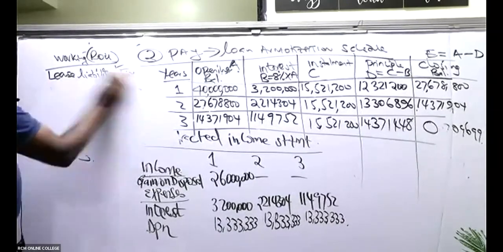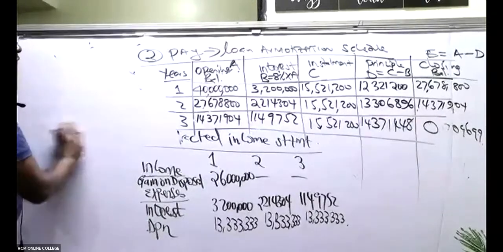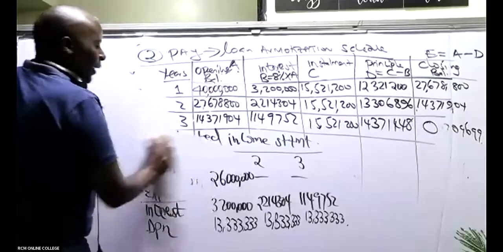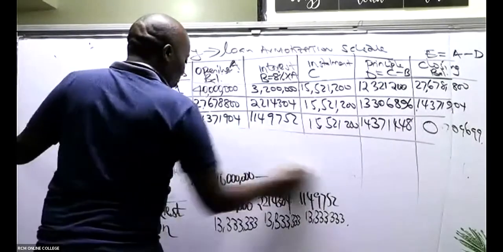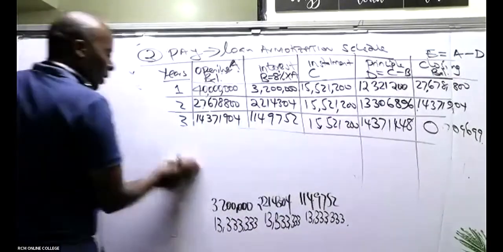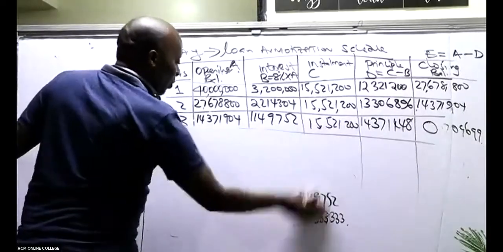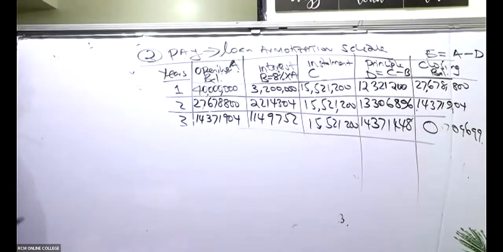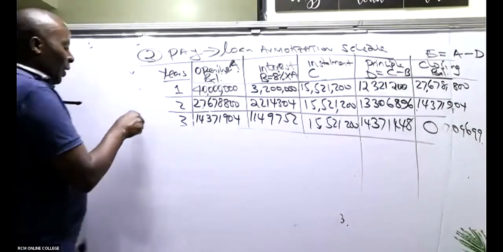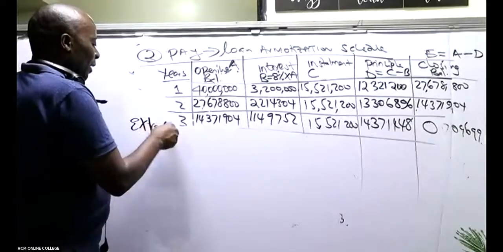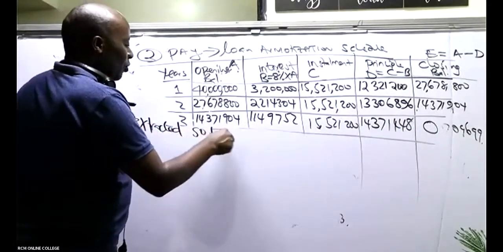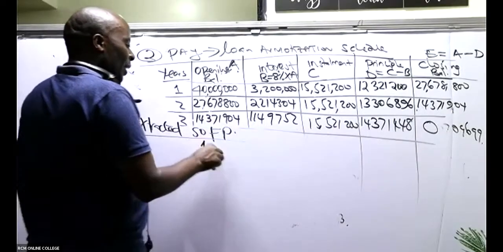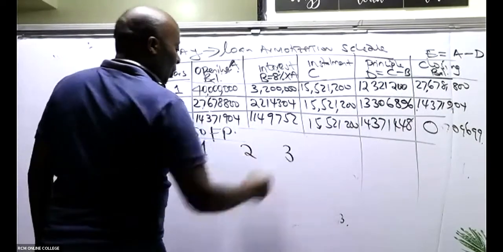All right. So the last one, number 4, you'll be able to give us an extracted statement of financial position. Remember, we have our years 1, 2, 3.